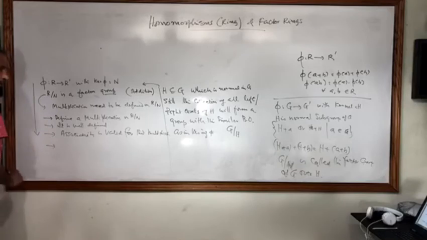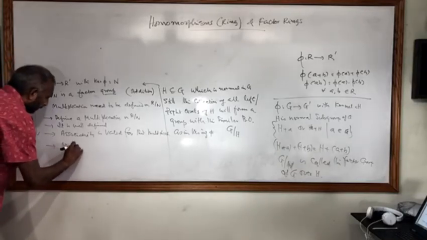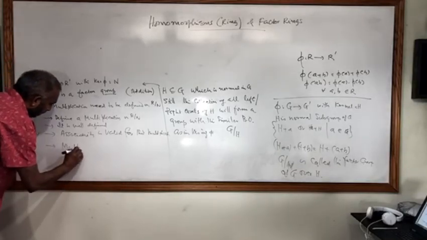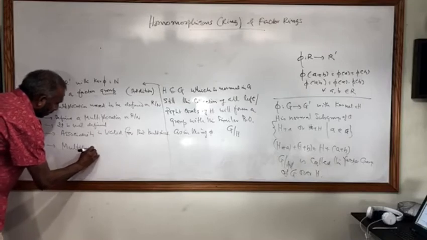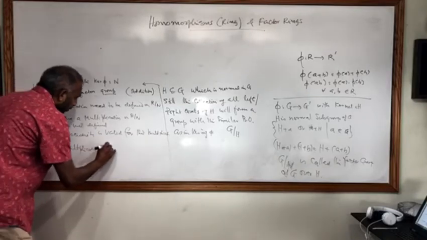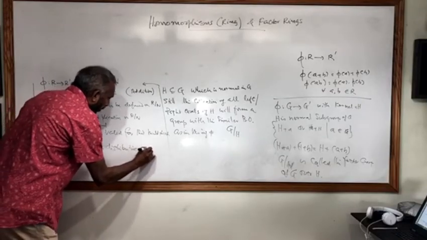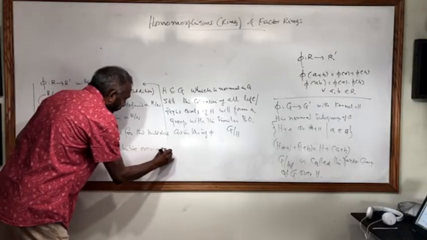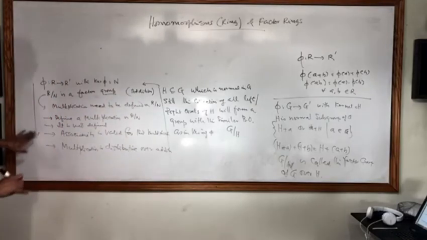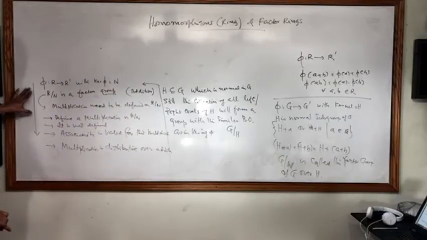Then we need to show that multiplication is distributive over addition. That is the first part, when we are defining the factor group based on a ring homomorphism.